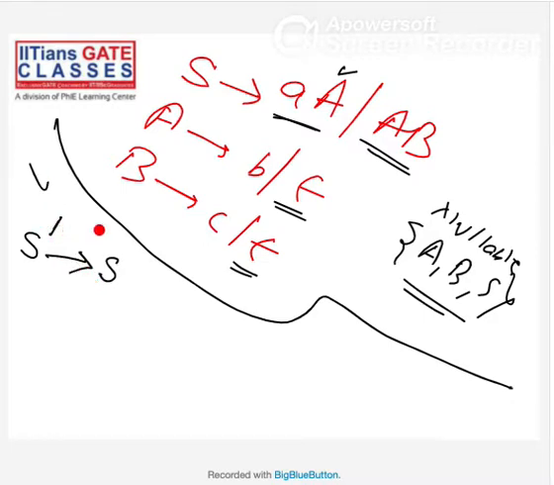When you are removing null productions, you can directly do this: add a new start symbol, S' goes to S. After adding this, see, this A is nullable, it can go to epsilon. So what you do is you keep it as it is and you take it to epsilon.